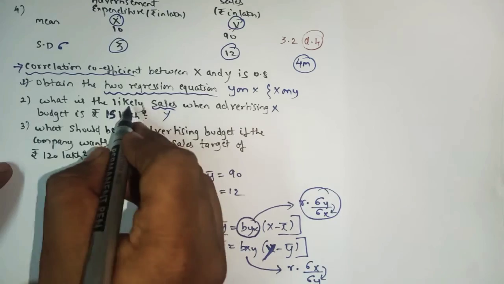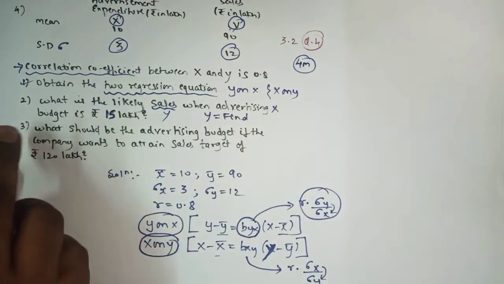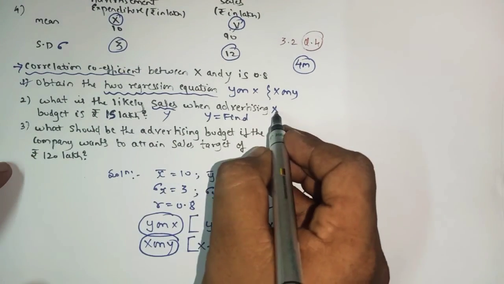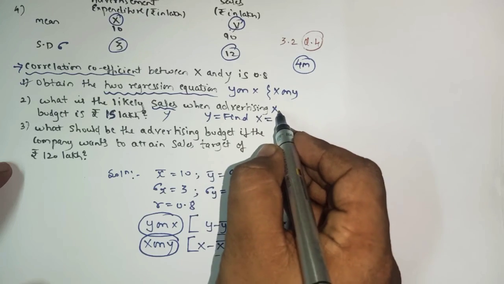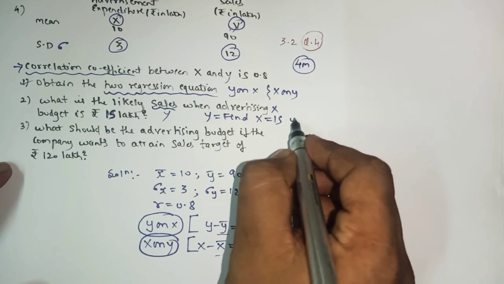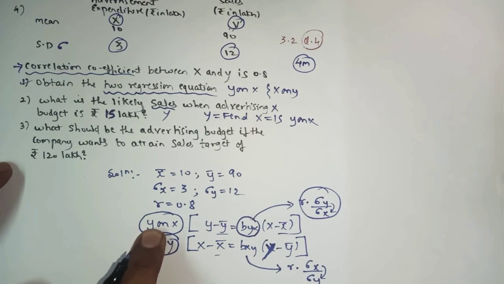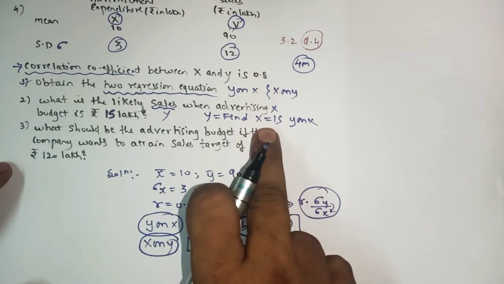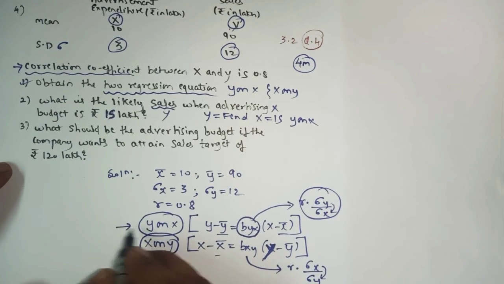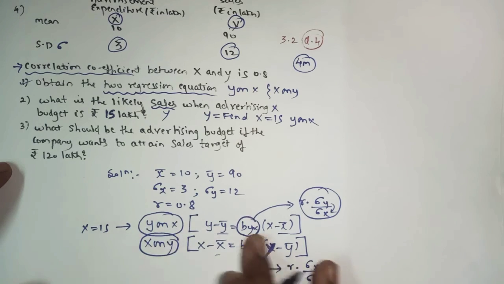So likely sales means we have to find Y when the budget is 15 lakh, that means advertising X. So clearly the value of X is 15. From this we can see that we have to find Y on X. Already we have the regression equation y on x. Simply replace the value of x by 15 to get the value of y. So in this equation you will substitute the value of 15 here to get the answer.